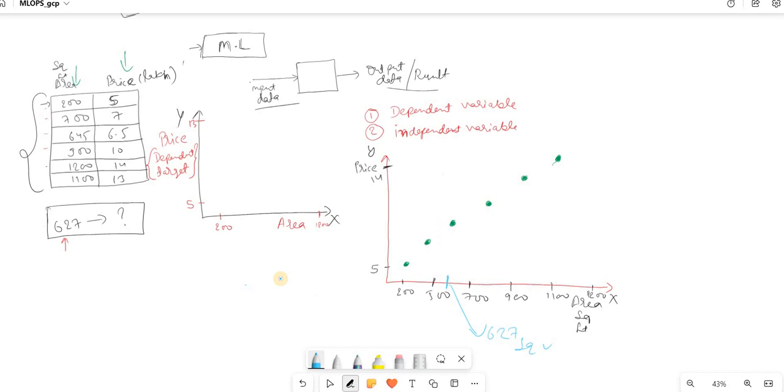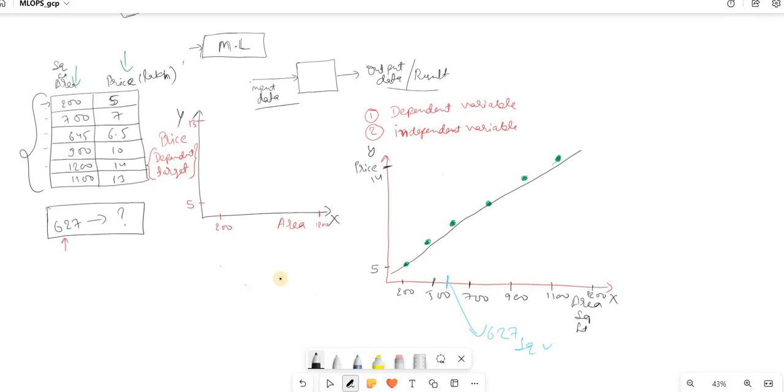What the researchers said is: is it possible to create a line which will go closely to all these actual data points? That line I will say is the perfect line, or the good fit line, for the prices of the given areas of houses.